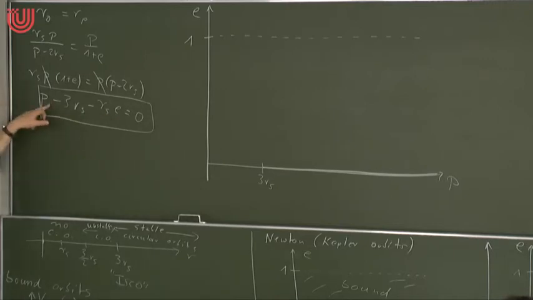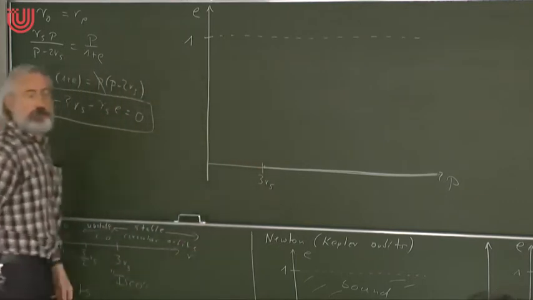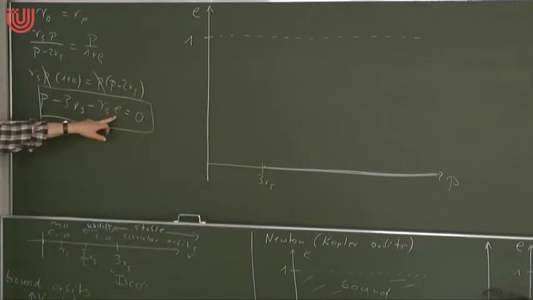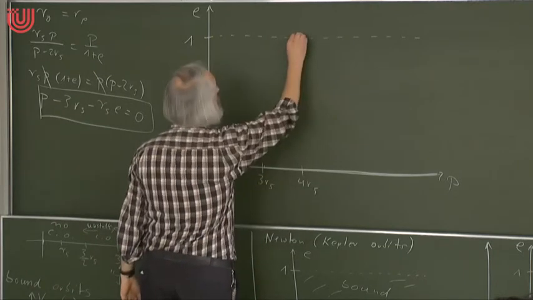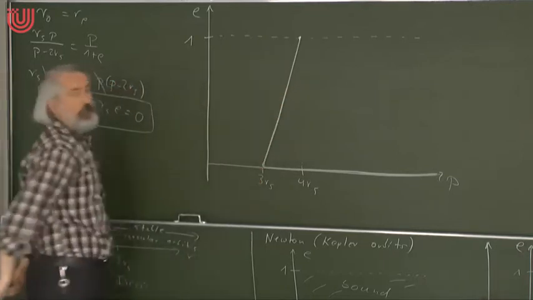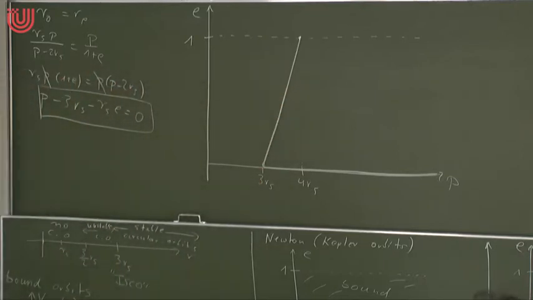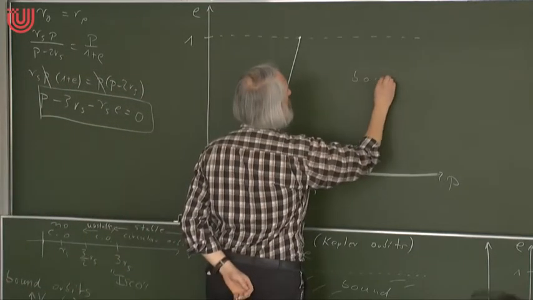If e is 0, p must be 3Rs, so it starts here. And if e is equal to 1, then p must be equal to 4Rs, right? And that's the equation of a straight line. It's a linear relation between p and e. So if here is 4Rs, it must arrive here, and it must be a straight line. So that's the curve where we have the homoclinic orbits. And the bound orbits are here. The bound orbits are in this region.